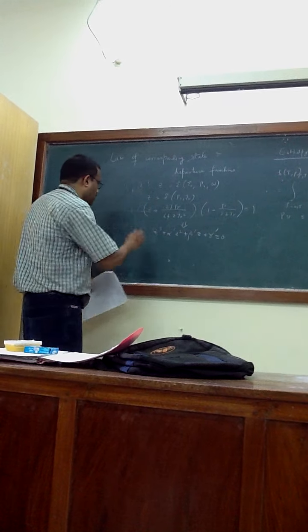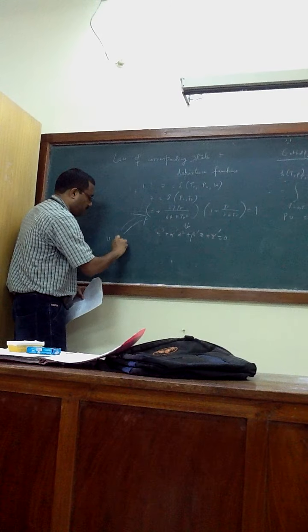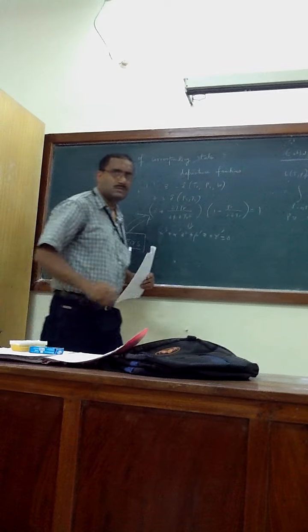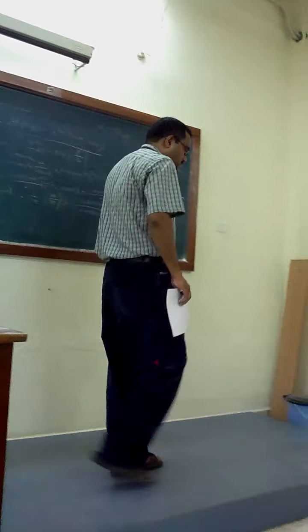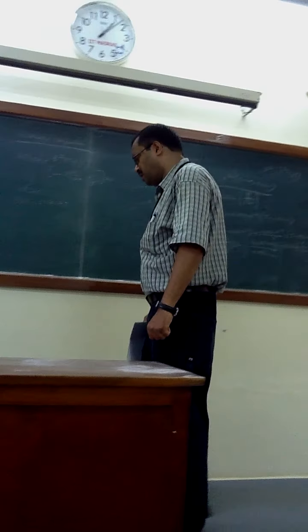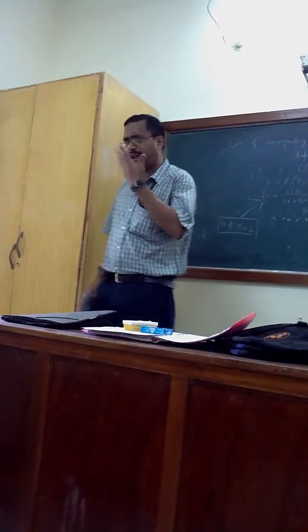So please note down, this is very important. This is only for the VDW EOS. If you have the SRK EOS and the Peng-Robinson equation of state, that will be different, and one can calculate it.